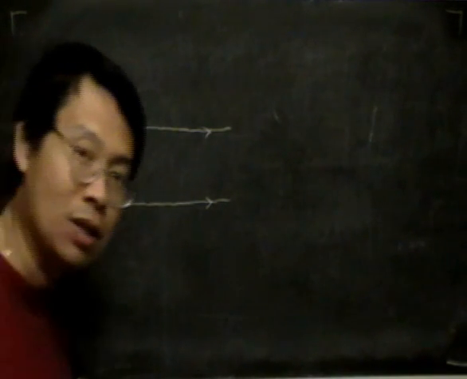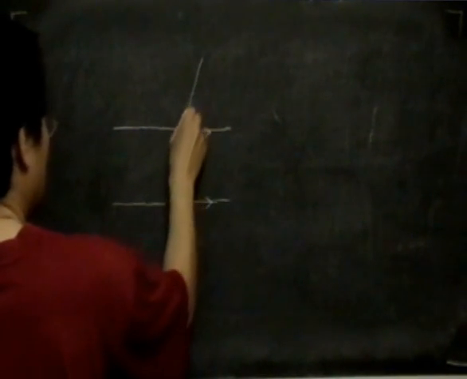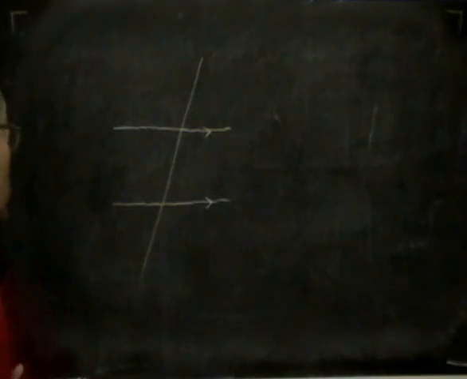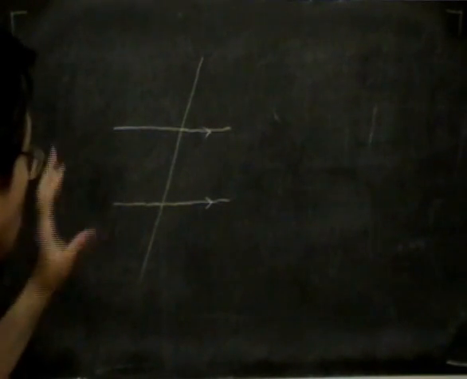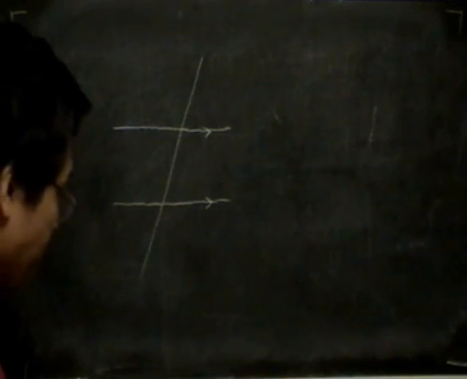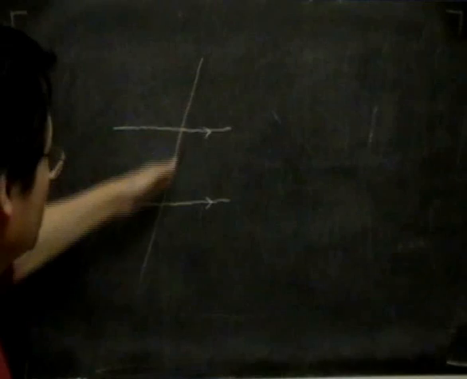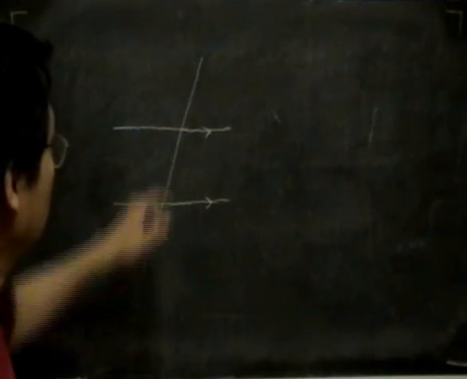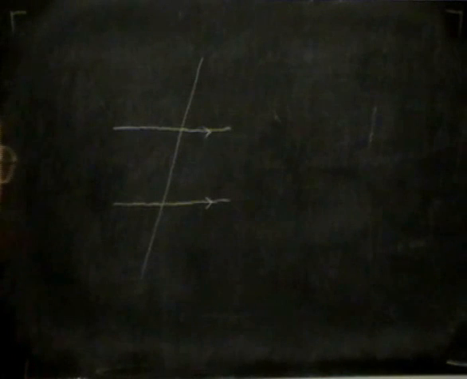Okay, we don't have any angle here so far. Now let me draw a line across them. So this line cuts through the two parallel lines. Now once you do this, you see that there are many angles down there.